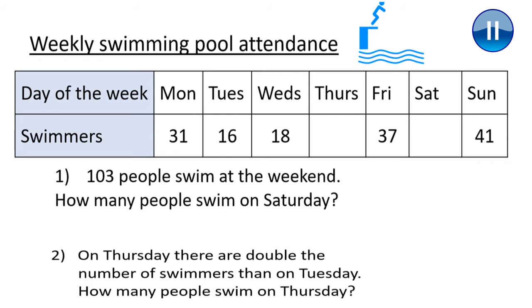Using this information, can you work out how many people swim on Saturday? Question 2. On Thursday, there are double the number of swimmers than on Tuesday. How many people swim on Thursday? Work out your answers carefully.